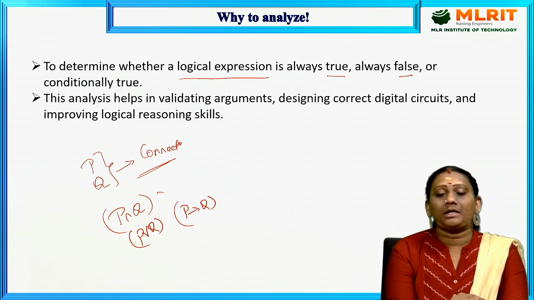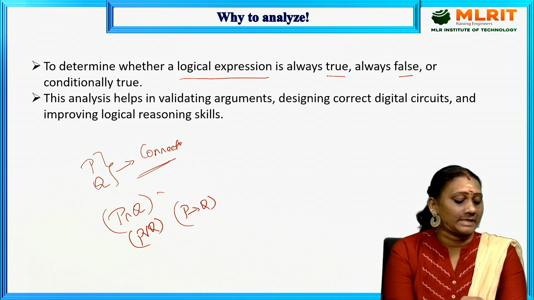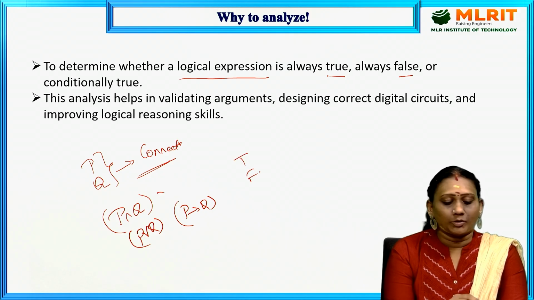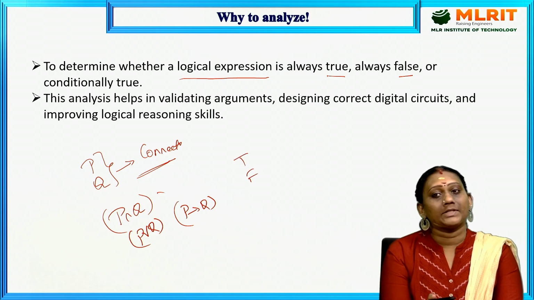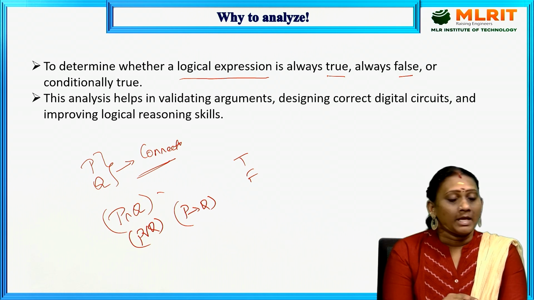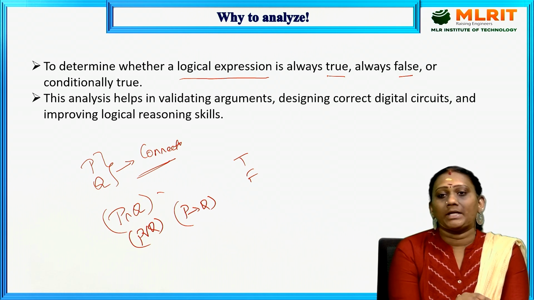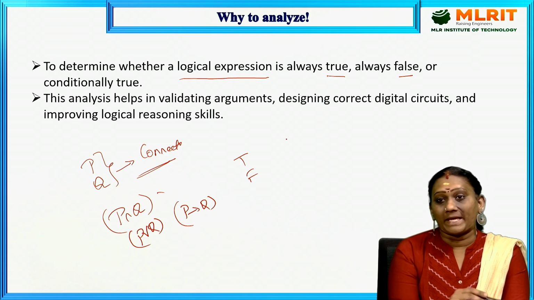Whatever values we give, it can be either true or false, or conditionally true; based on the condition it can be true or false. We have to analyze this because, in some cases, it depends on the inputs.